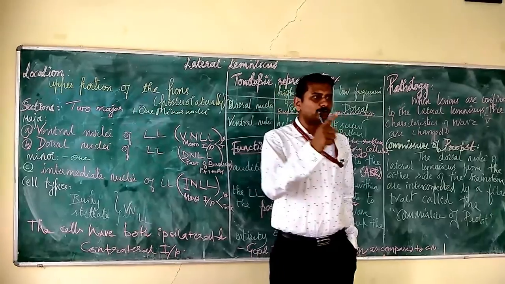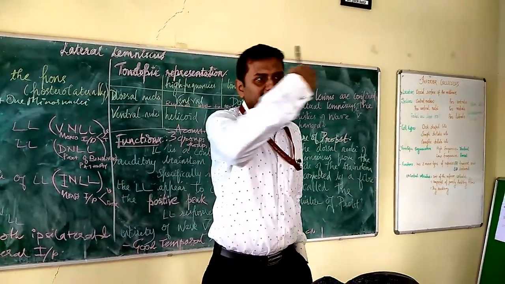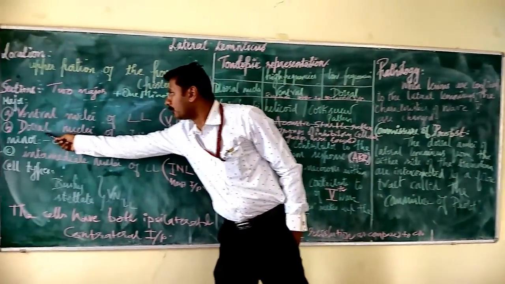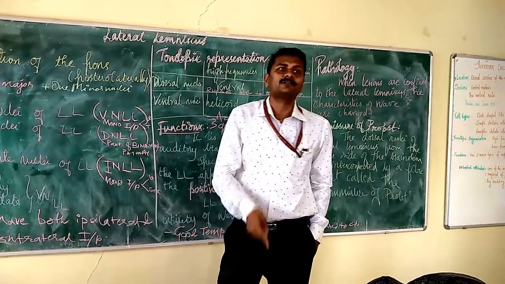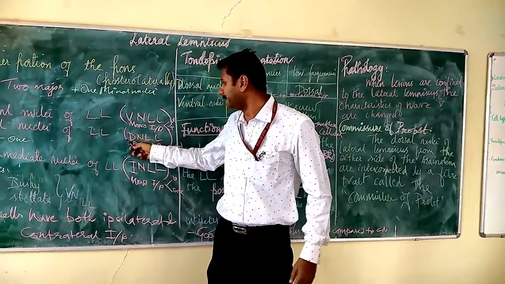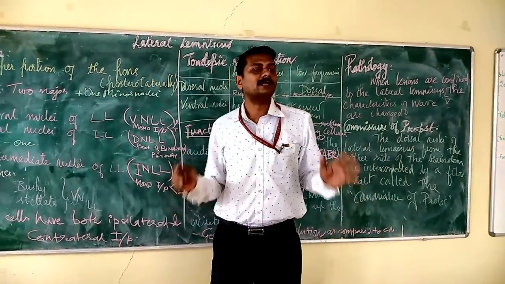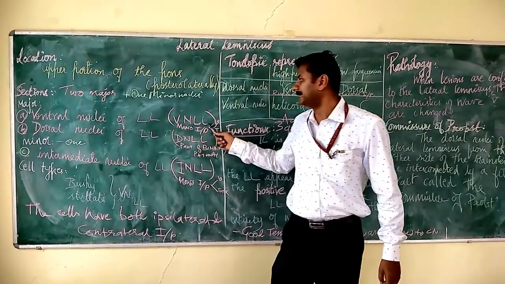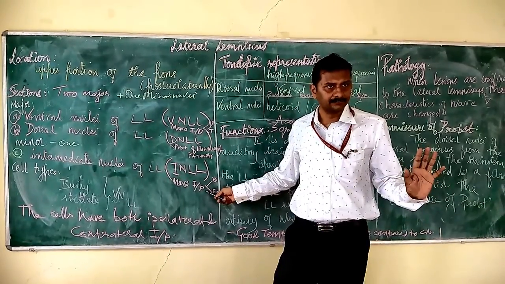As I told you, the lateral lemniscus would be having both monaural and binaural inputs because of the commissure of Probst. So here the dorsal nuclei of the lateral lemniscus, D for dorsal and D for double, has binaural inputs going into it. So we have the DNLL, which is a part of the binaural pathway, while the other two nuclei, which are the VNLL and INLL, have monaural inputs. Done?